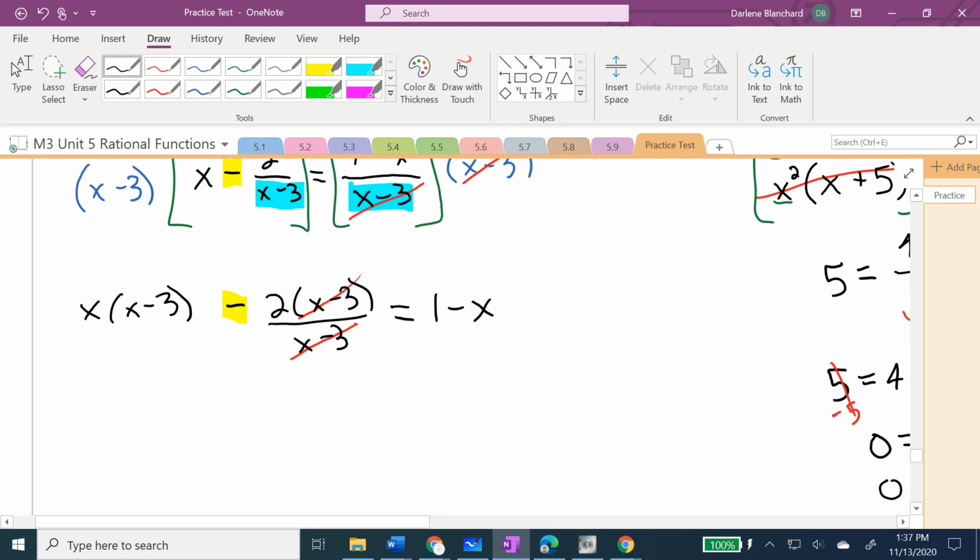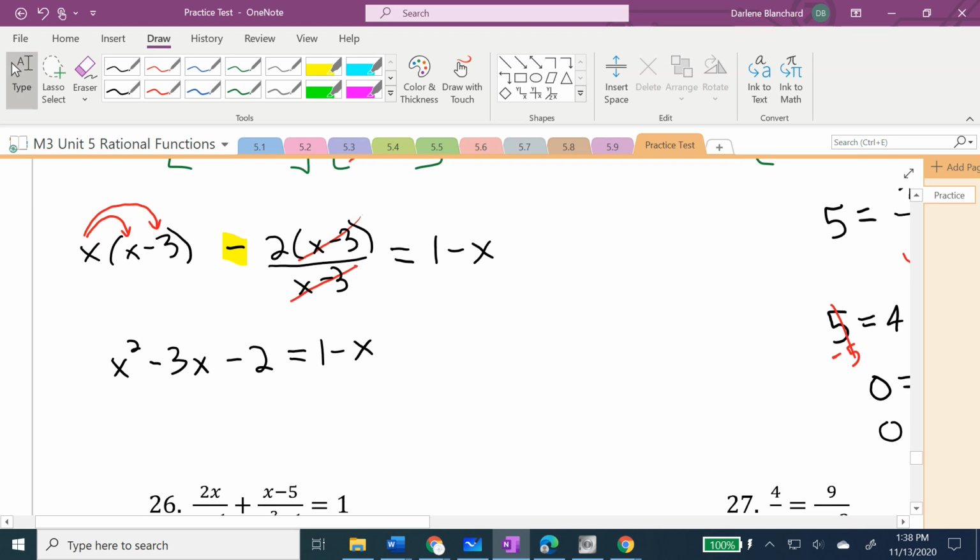Now I'm going to rewrite what I have here. Actually, let's do this. Let's get this expanded because at this point it's turning into a polynomial. And when I'm solving the polynomial, I want to expand it, get like terms brought together, and then move forward. So x times x minus x times 3. Then I have minus 2, and on the other side, 1 minus x.